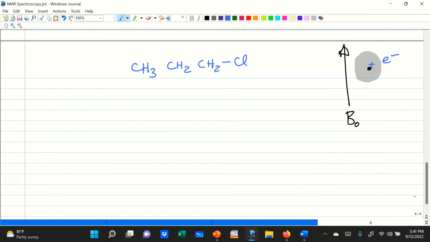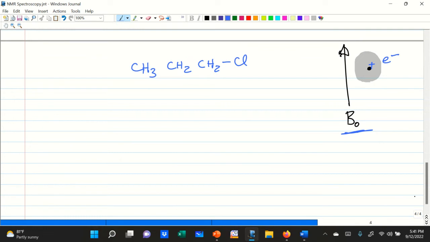Because of this negatively charged field, the nucleus at the center of an atom is not really feeling the same magnetic field strength given by B naught, because it is being shielded by the electron cloud that surrounds it.